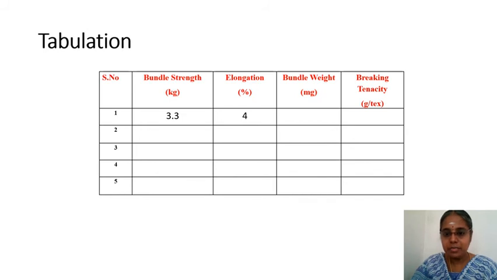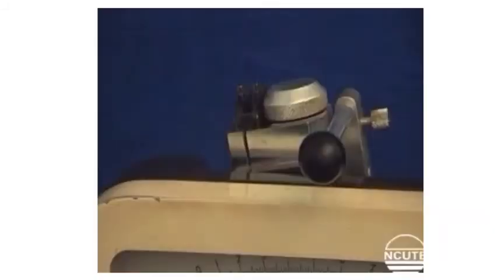The bundle that has been broken has to be weighed. After performing the experiment, we'll see how the bundle is weighed. Actually, the jaws are taken, opened, the fiber bundles are taken and weighed using a microbalance or a torsion balance. Now the jaws have to be removed from the jaw holder like this.